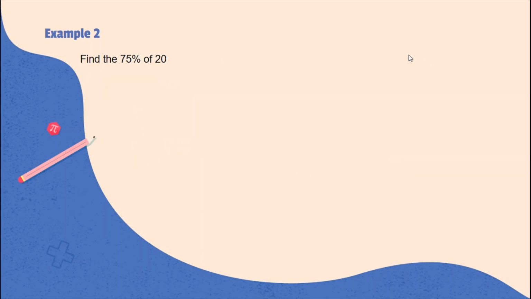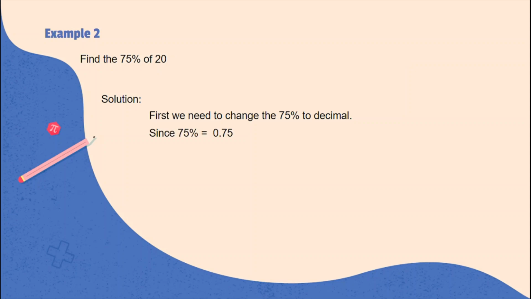Now let us proceed to example number 4. Find the 75% of 20. For our solution, first we need to change the 75% into a decimal. Since 75% carries the percent symbol, we need to move the decimal 2 places to the left, 1, 2.